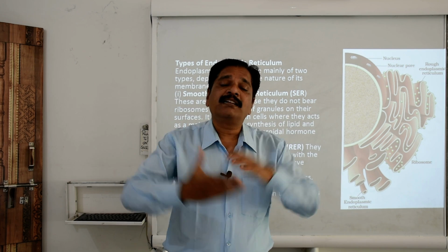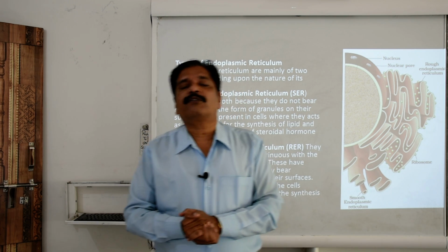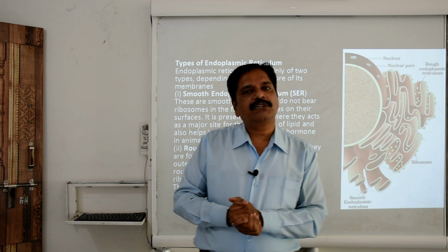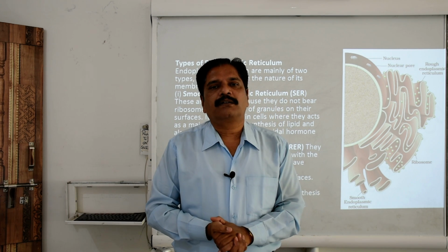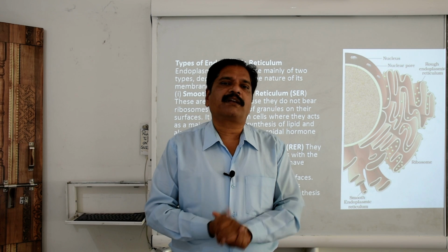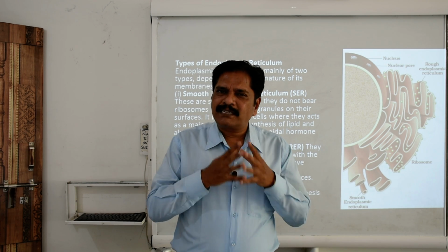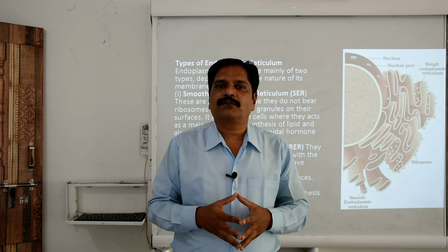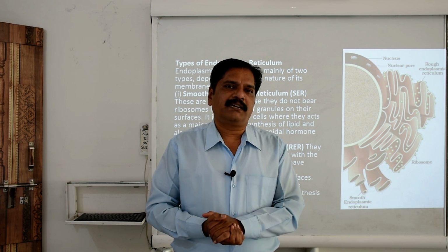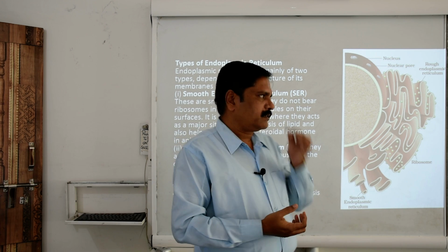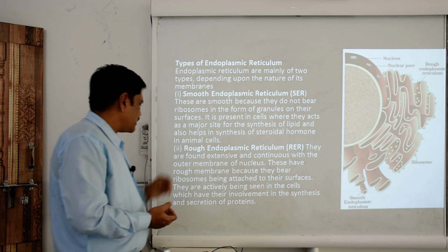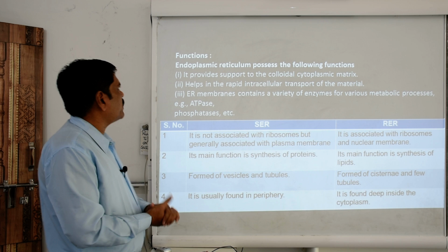It is believed that they are responsible for the production of vacuoles and lysosomal units in the cytoplasmic content. Clear? And the third one is the tubules. When the cisterna becomes branched and tube-like in nature, then it is called tubular structures. Clear? Okay, these are the basic three components of the endoplasmic reticulum.